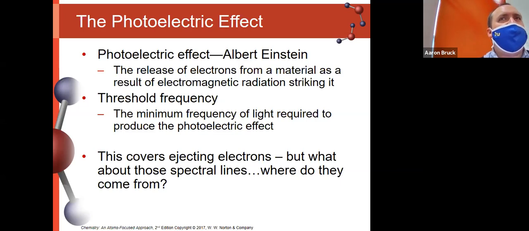Threshold frequency is the minimum amount of energy, the minimum frequency, the maximum wavelength, however you want to look at it, of light that would actually eject an electron. And those photo ejections are small, barely get out of the atom kind of ejections.